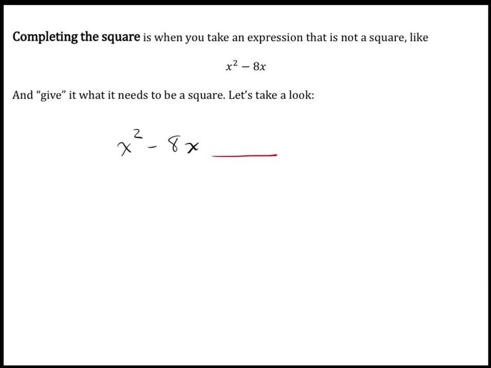We know that it would have to be the square of whatever number you had to double to get this number. Well, if 8 is the double of a number, then half of 8 is the thing you double. Half of 8 is 4, and 4 squared is 16. So if we add 16, we should then have an expression that is a perfect square.